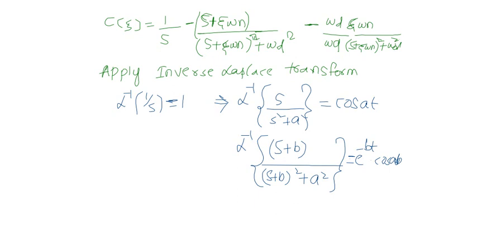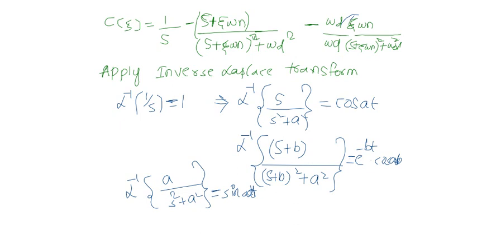Similarly, the inverse Laplace transform of a by s square plus a square is sin at. If you observe this third term, zeta omega n is the constant term, and applying the inverse Laplace transform for this one, it is similar to the inverse Laplace transform of a by s square plus a square.